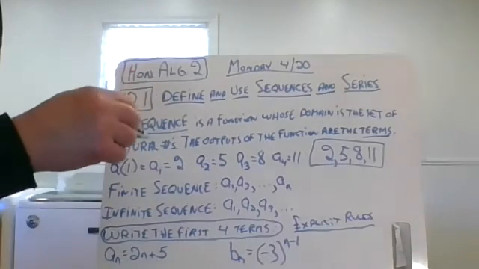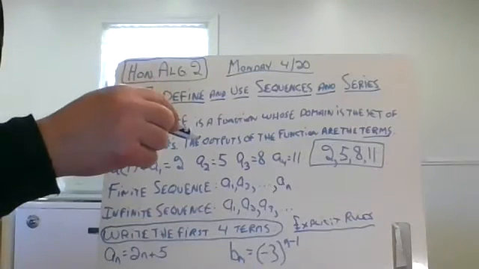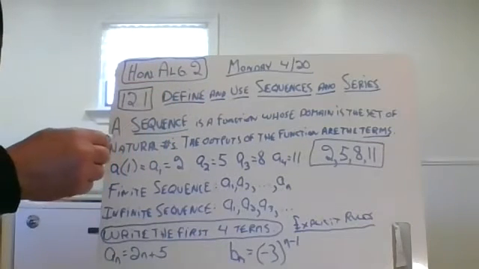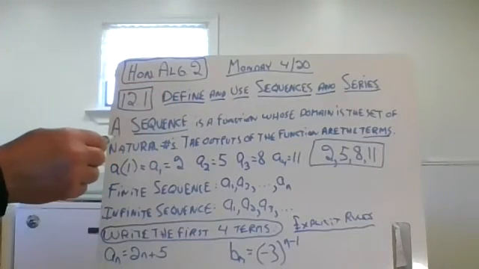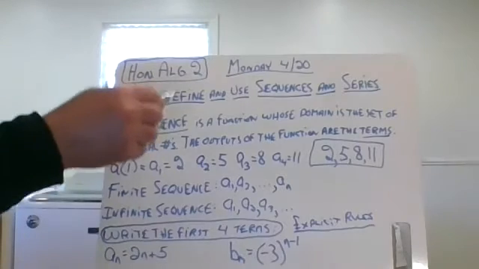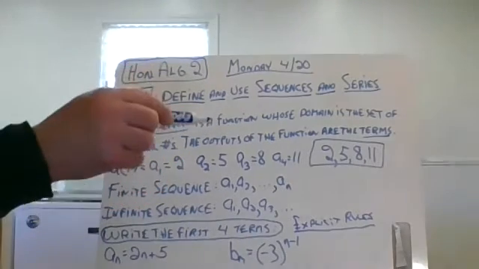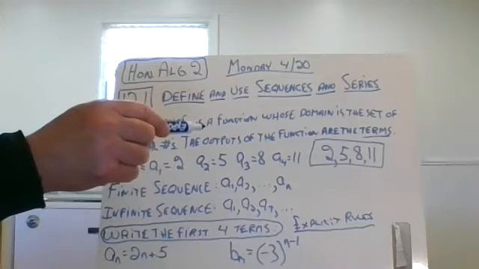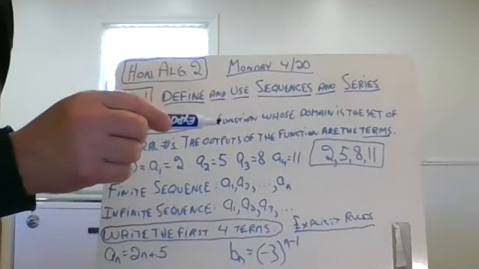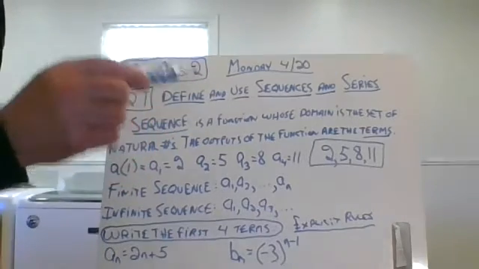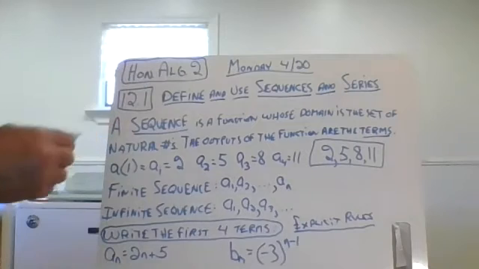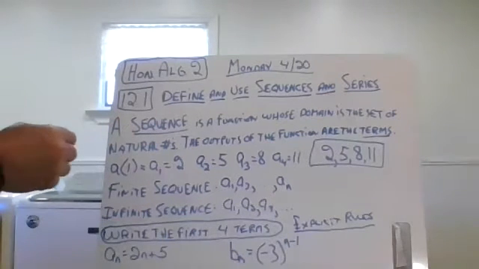Is it the first term, second term, third term? And that's the domain being the natural numbers, 1, 2, 3, 4, and so on. So you insert a 1 into the function rule and you see what you get out. That's considered the first term of the sequence.